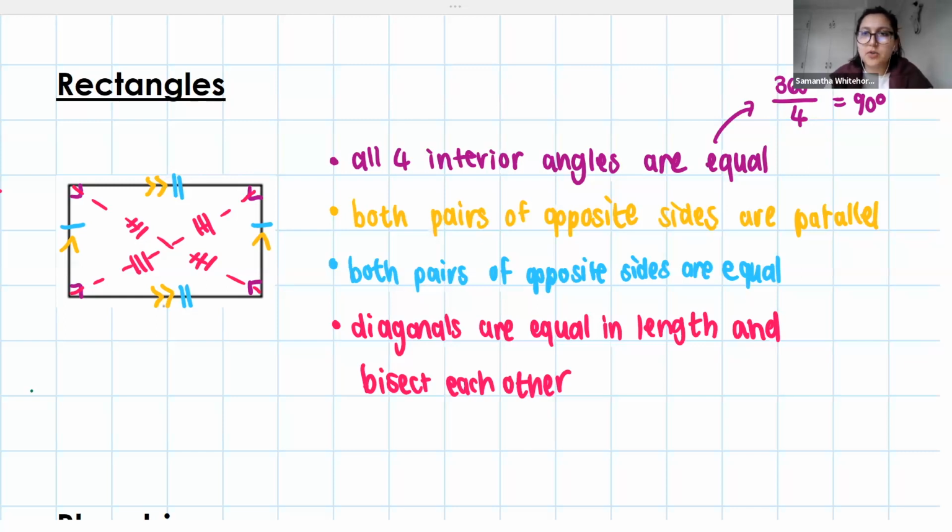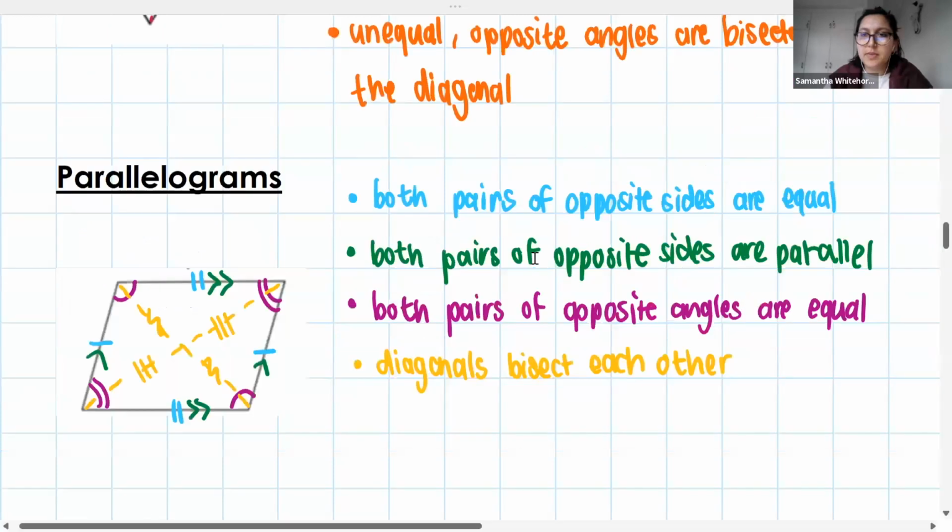All right, I'm quickly going to scroll back up to parallelogram so that those who didn't get it can take a screenshot. There we go, parallelogram.